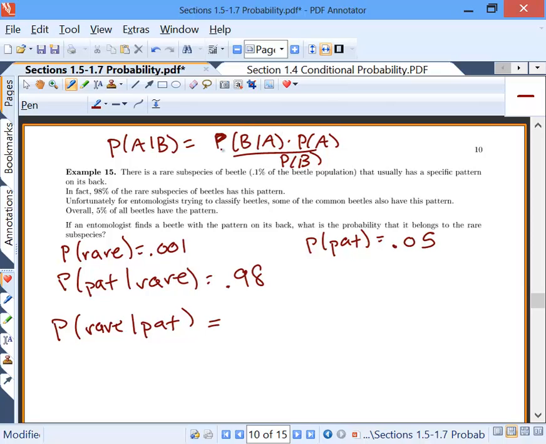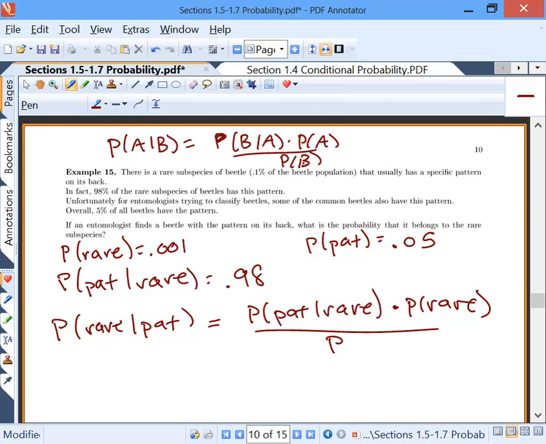I need to start with my conditional probability, rare given pattern, times the probability of, so this was an A, so these two should match. If this is rare, then this should be the probability of rare, over the probability of pattern, the B that matched my given in the first thing.